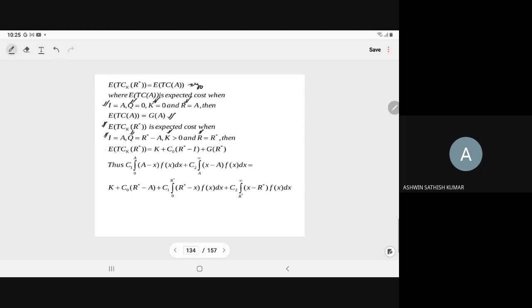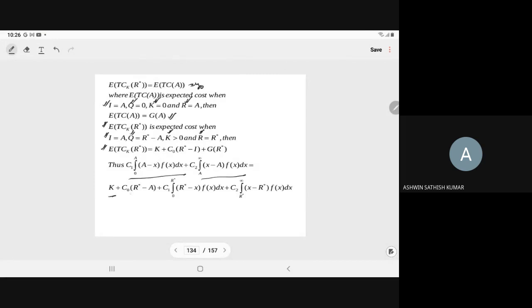So ETCK R star will be K plus C naught into R star minus I, plus GR star, where G is the C1, so here G is the holding cost plus shortage cost.